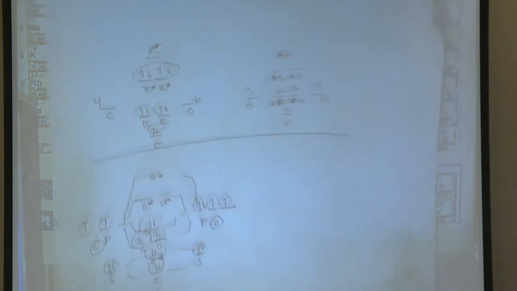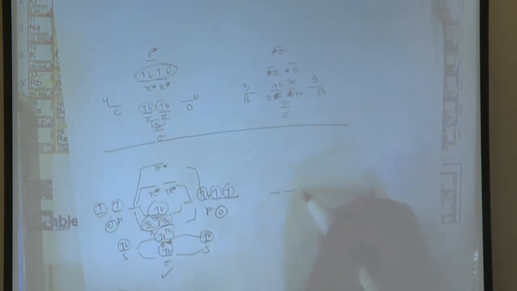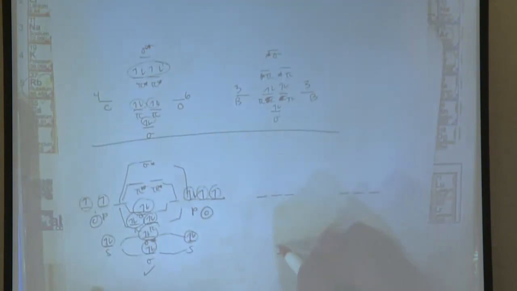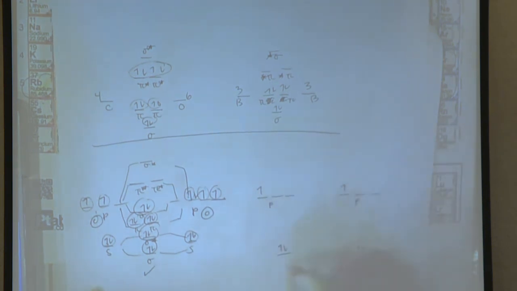If I look at something like B2, boron has 3 electrons in its electron configuration.